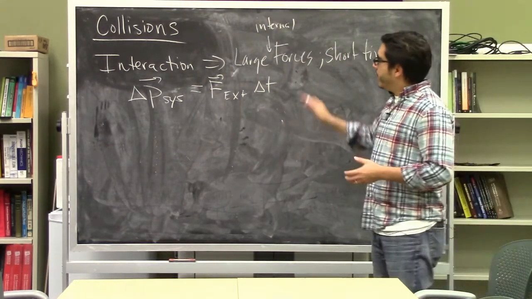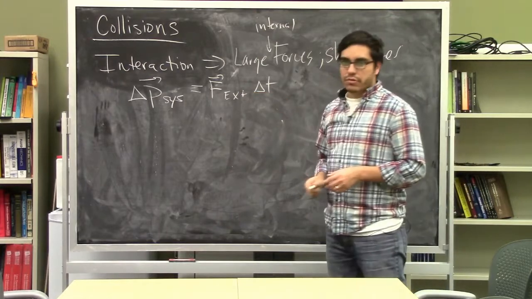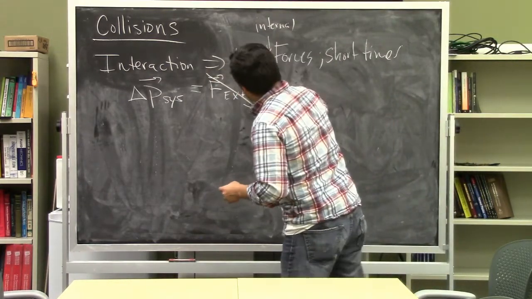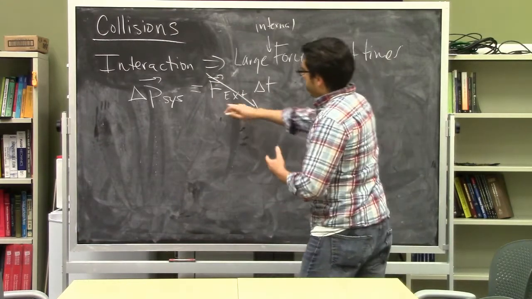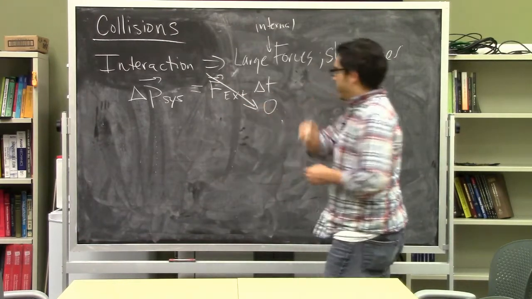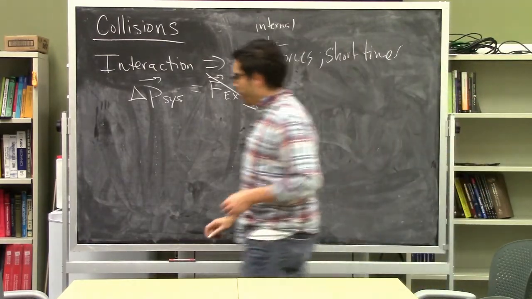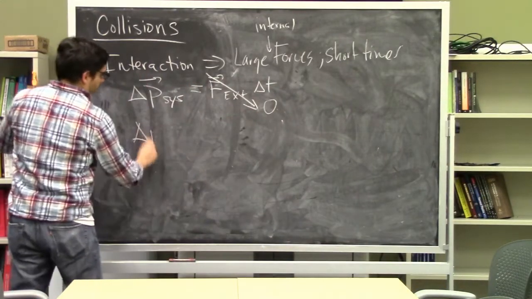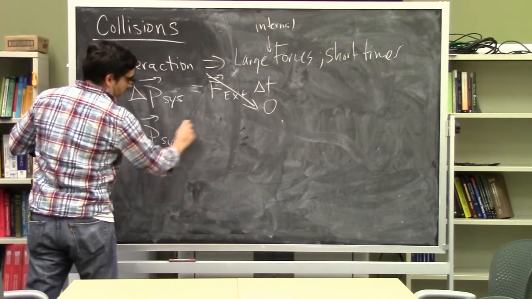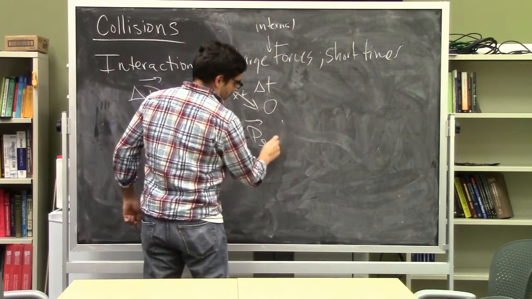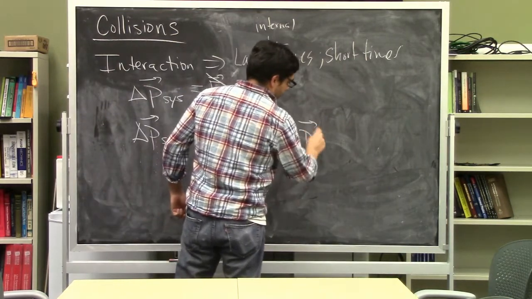We can neglect the forces external to the system in collisions because the time interval is short, and these external forces are very small compared to the internal interactions. So we conserve the momentum of the system. That is, the system's initial momentum is equal to its final momentum.